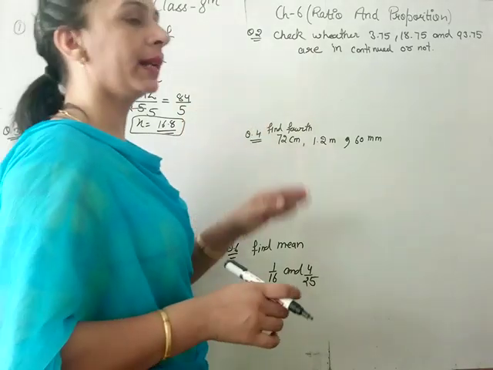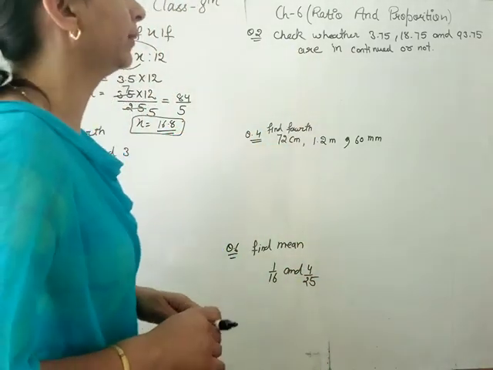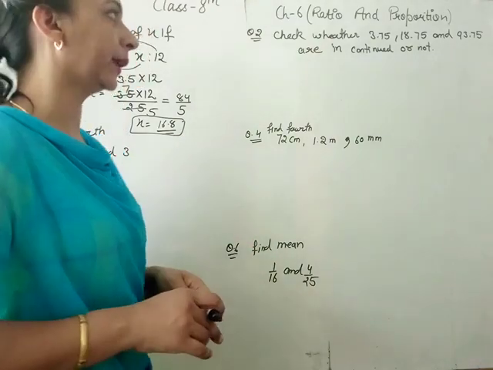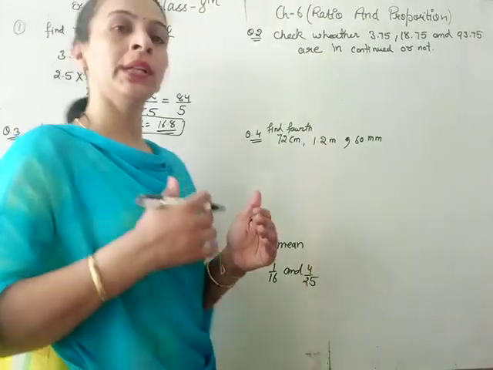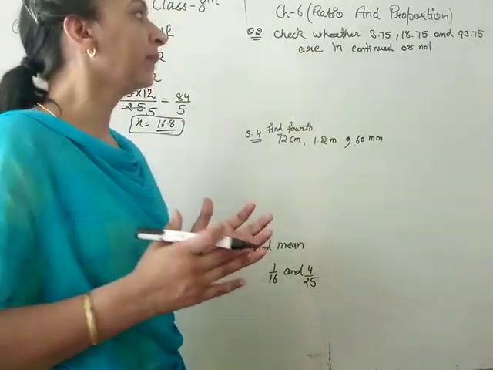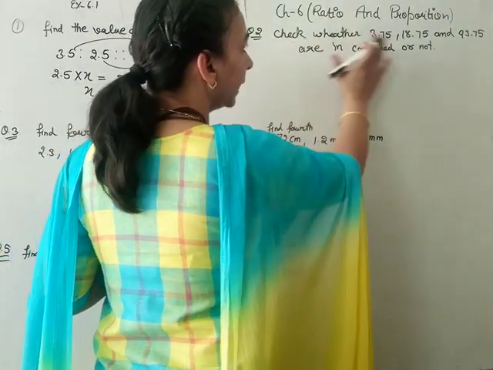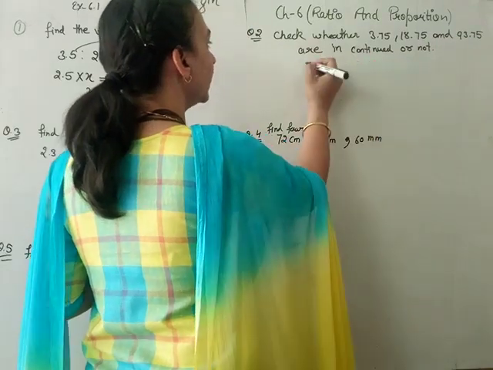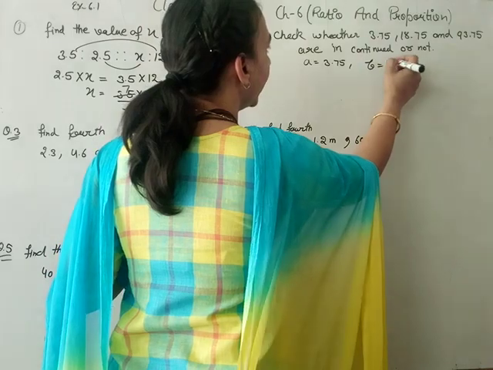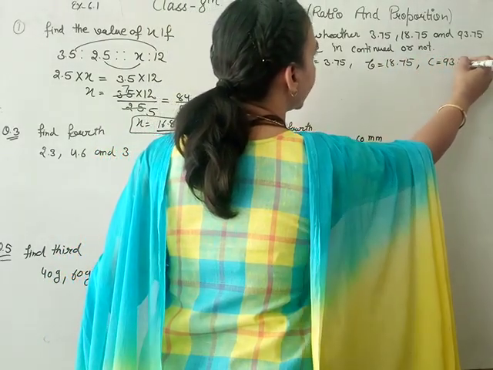Next students, question number 2. Check whether 3.75, 18.75 and 93.75 are in continued proportion or not. Students, we know that if the square of mean equals the product of extremes, these are in continued proportion. So first we check whether these are in continued proportion or not. A equals 3.75, B equals 18.75 and C equals 93.75.